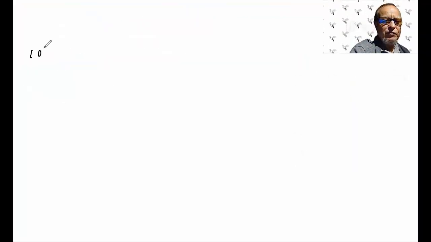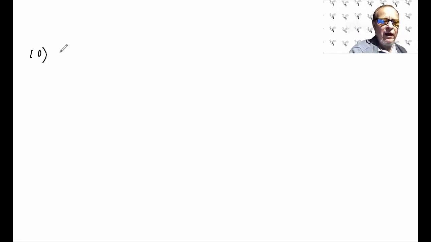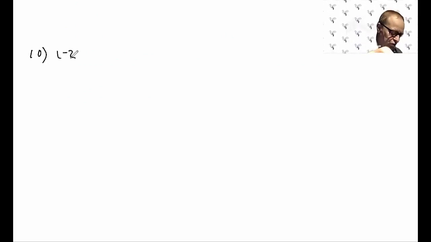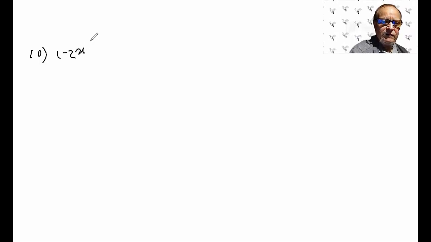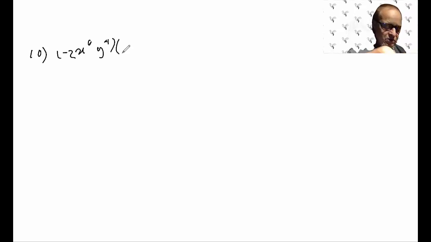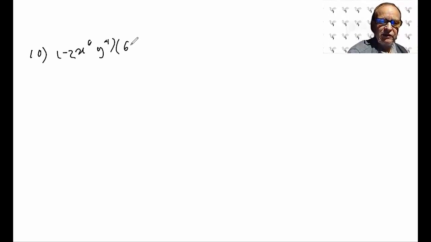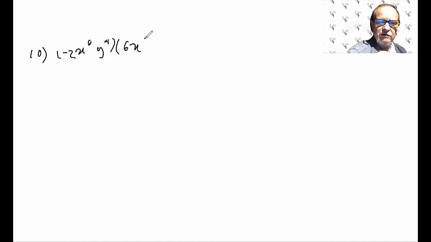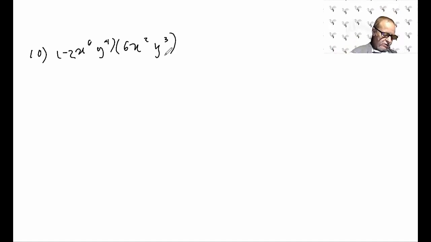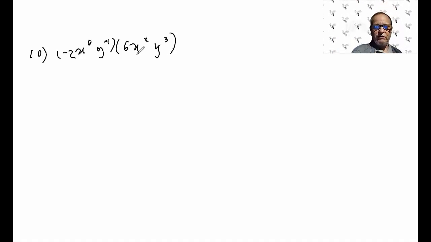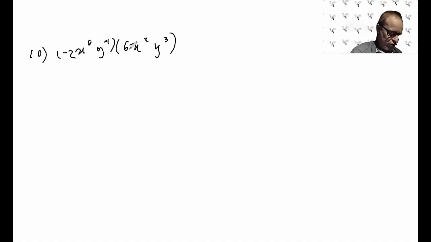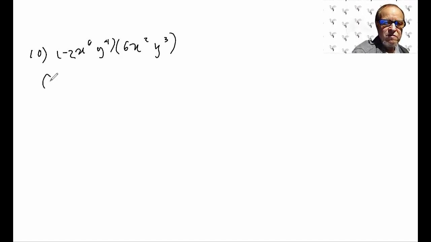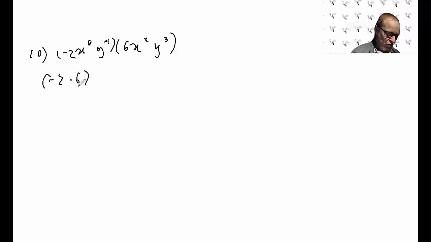In example number 10, we have negative 2 x to the 6th, y to the 4th, times 6x squared y cubed. So what I'm going to do to organize it, I'm going to put all my number parts in one bracket, negative 2 and 6.